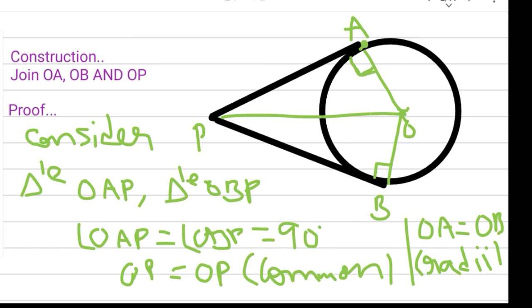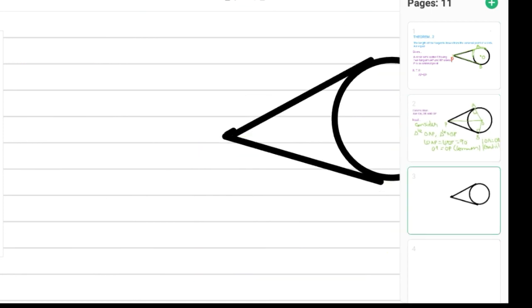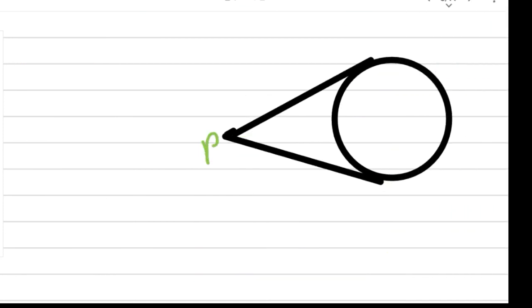From these three, I can say that the two triangles are congruent by RHS congruency, isn't it? Therefore, I can conclude that triangle OAP is congruent to triangle OBP by RHS congruency.